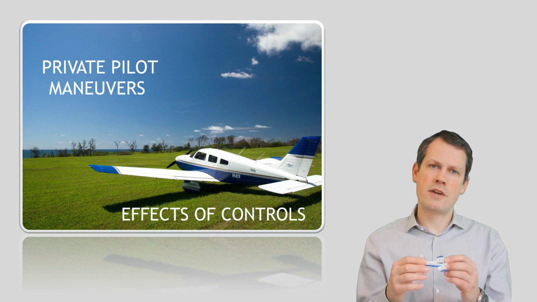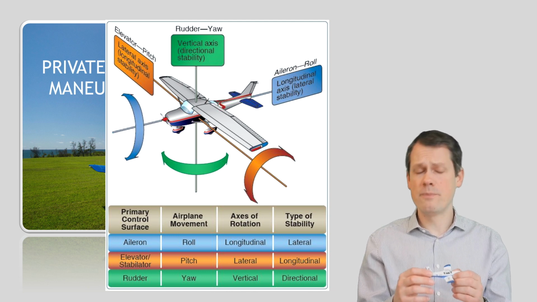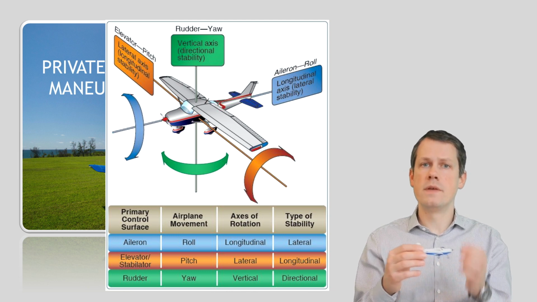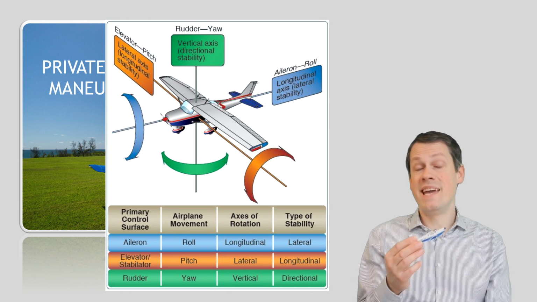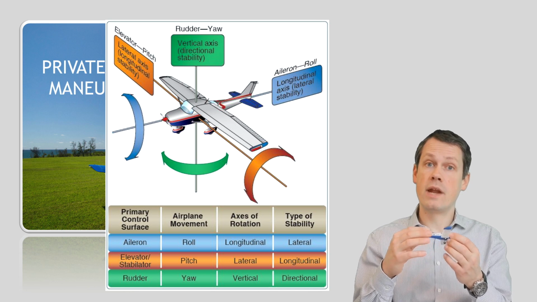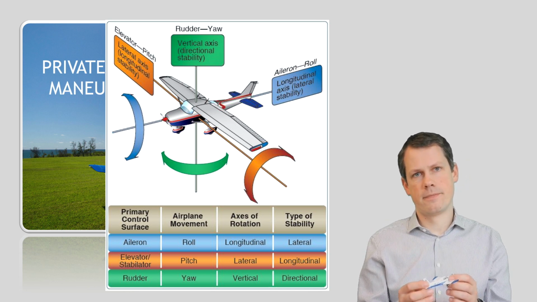It's too simplified to say the elevator makes the airplane go up and down. It's more correct to say the elevator rotates the airplane around its lateral axis, the ailerons around its longitudinal axis, and the rudder around its yaw axis.